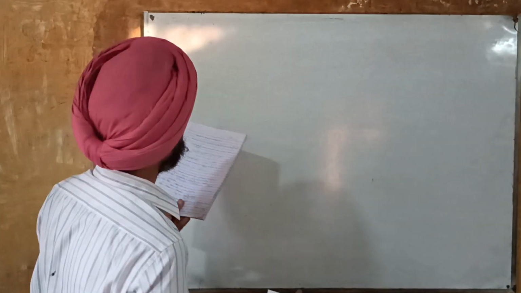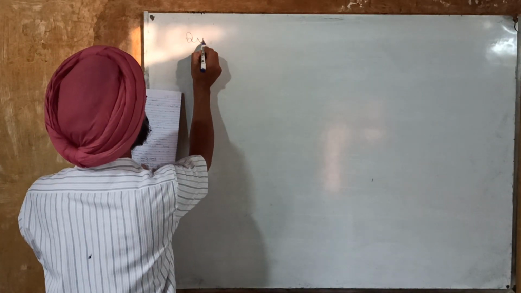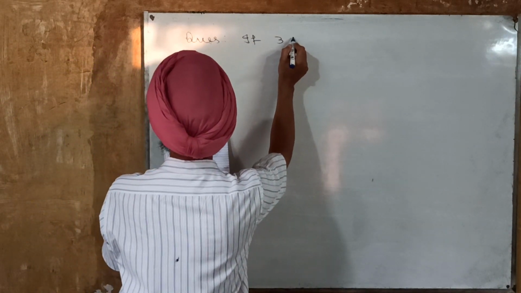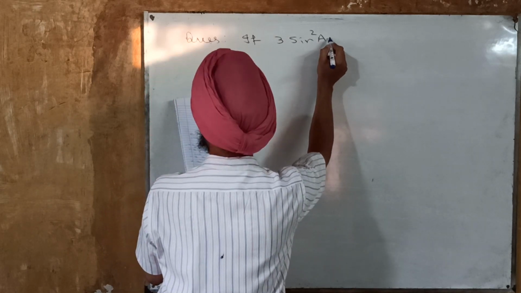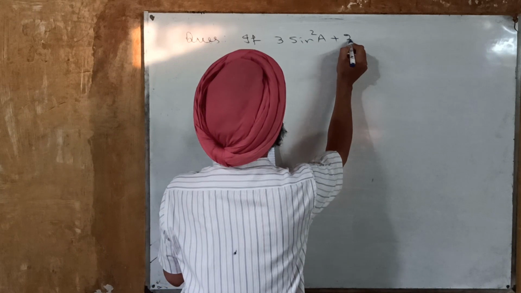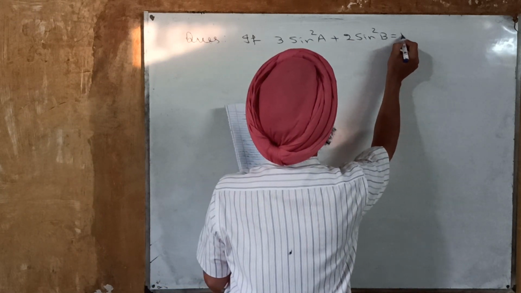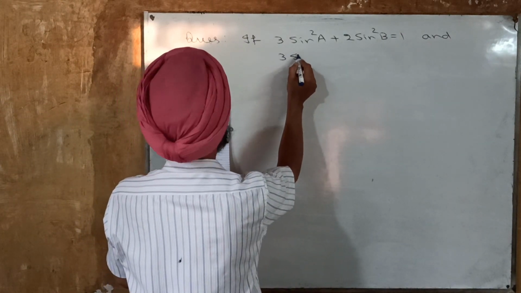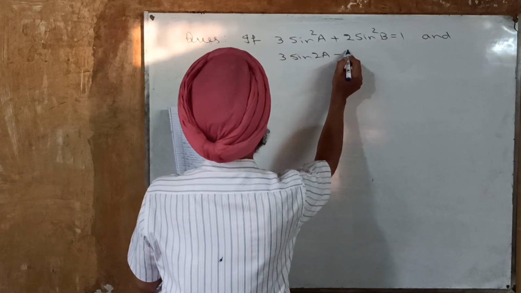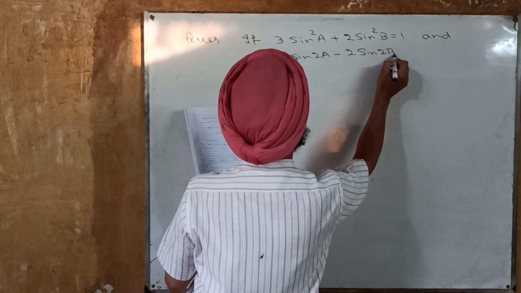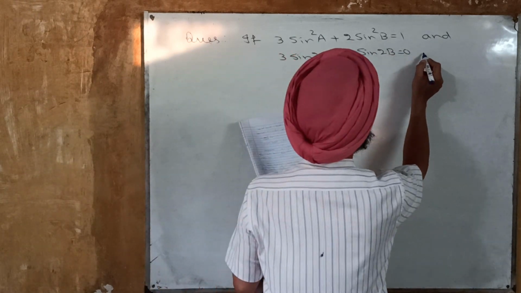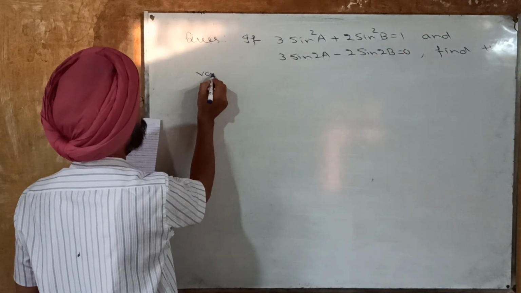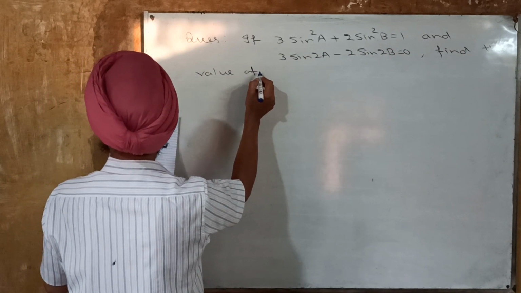It is also a little bit tricky problem, you can say. The question is, if 3 sin square A plus 2 sin square B is equal to 1 and 3 sin 2A minus 2 sin 2B is equal to 0, then find the value of A plus 2B.